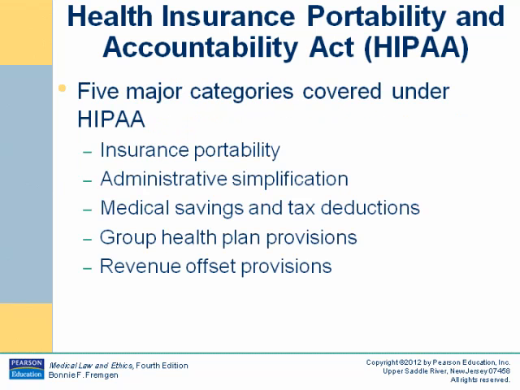A little bit more about HIPAA, there are 5 major categories that are covered: insurance portability, administrative simplification, medical savings and tax deductions, health plan provisions, and revenue offset provisions. These are the 5 categories that are covered.